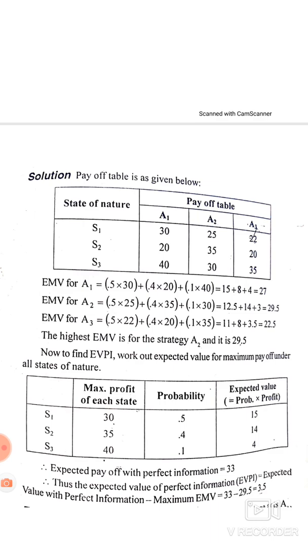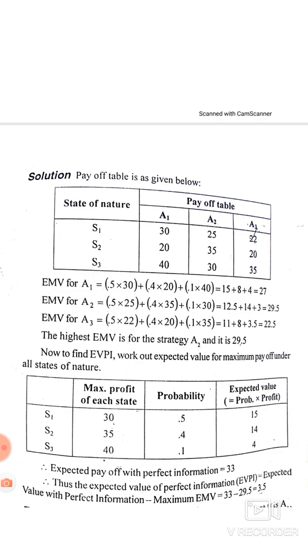For A1 we calculate expected monetary value, and the value will come out to be 27. Similarly, we will calculate for A2 and A3. Now we have to select the highest expected monetary value, that is A2, that is 29.5.